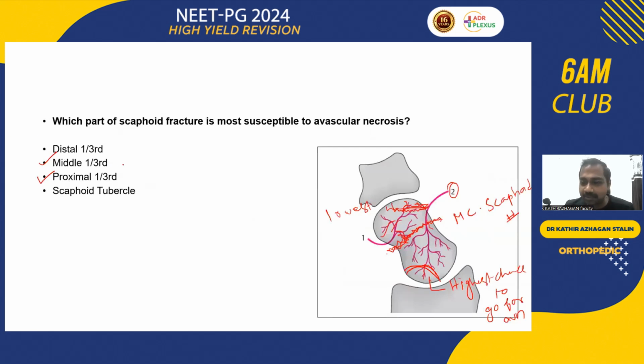Nandini, you are suggesting me to write: most common scaphoid fracture, proximal third, highest chance for AVN, proximal part.